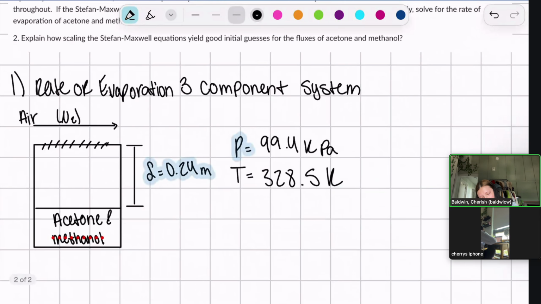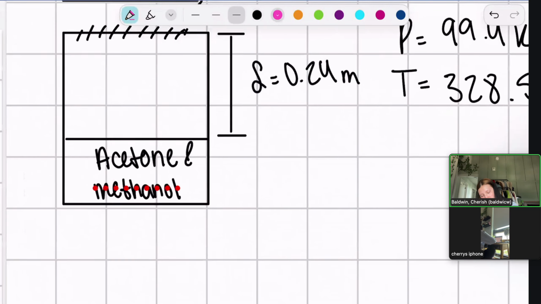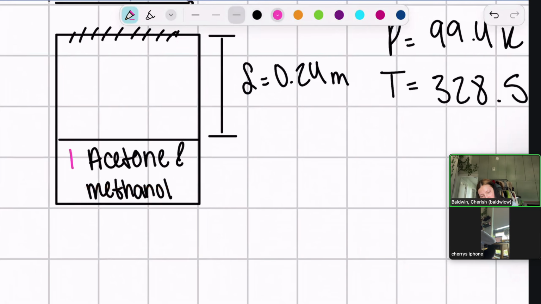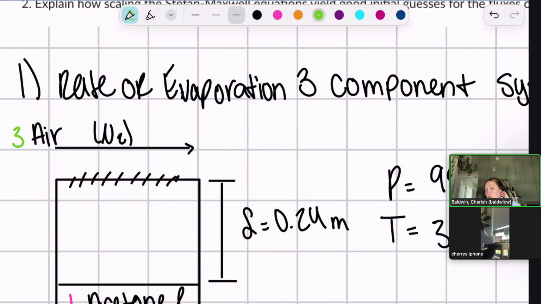And now we are going to label these compounds as 1, 2, and then 3 for simplicity of writing the equations.